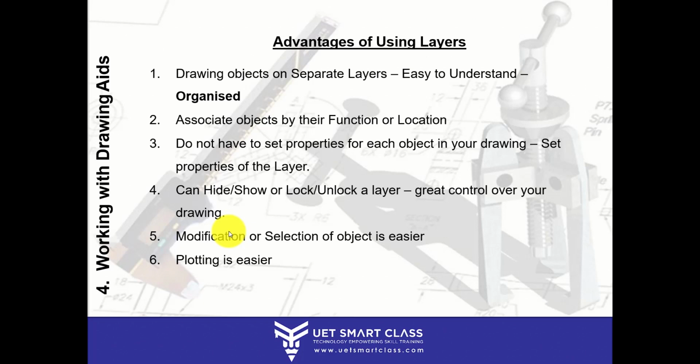But if you send an AutoCAD file, then definitely all the layers will go along with it. When you make a PDF also, the layers within your drawing will show, but you have an option whether you want to plot it or not. If you turn that off, then it will not get printed and published.